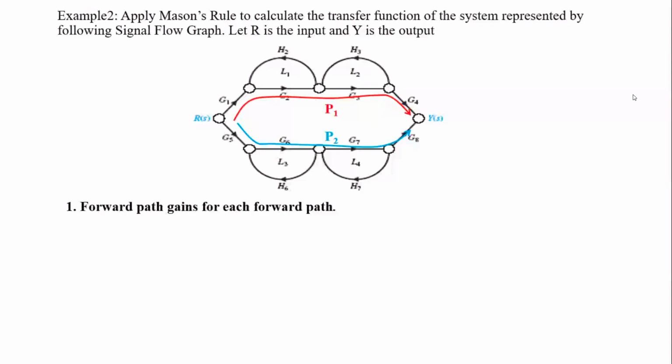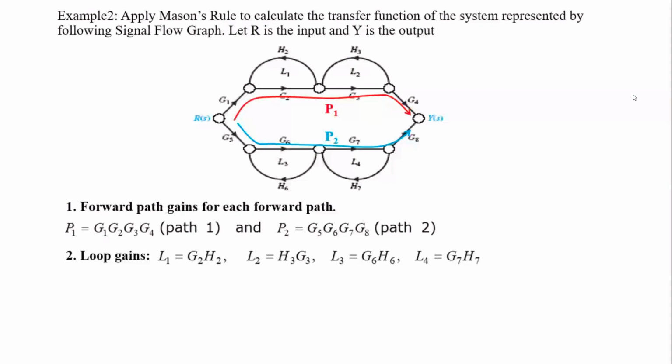Now you have to find the number of loops. Loops I wrote L1, L2, L3, L4. There are 4 loops. P1 is, as I told, I am repeating, G1, G2, G3, G4.